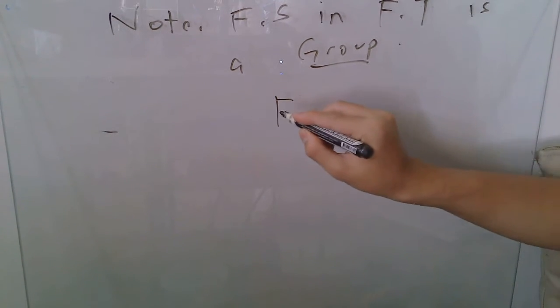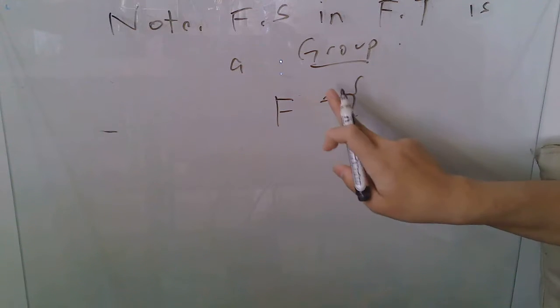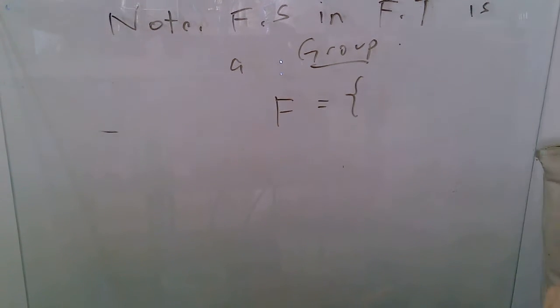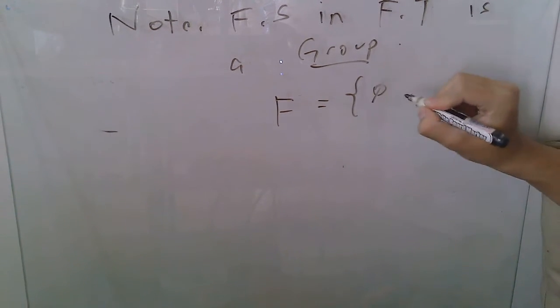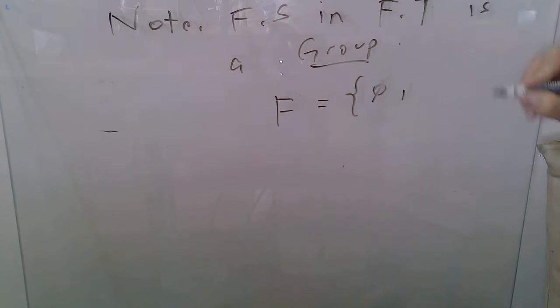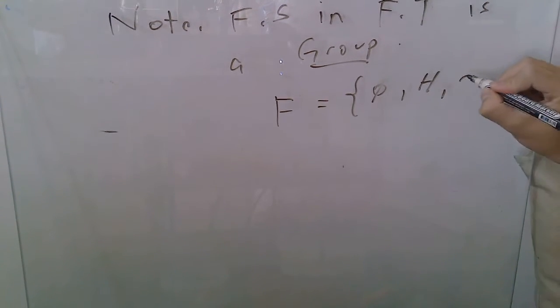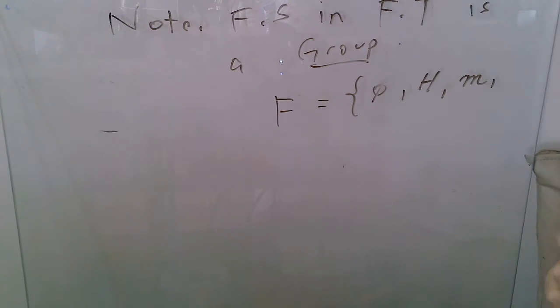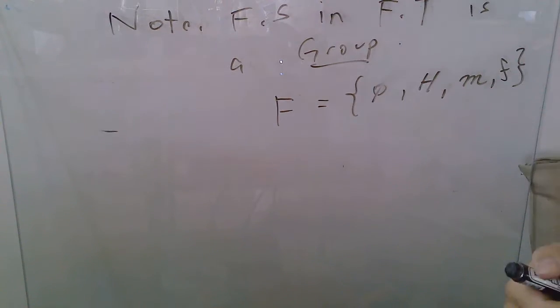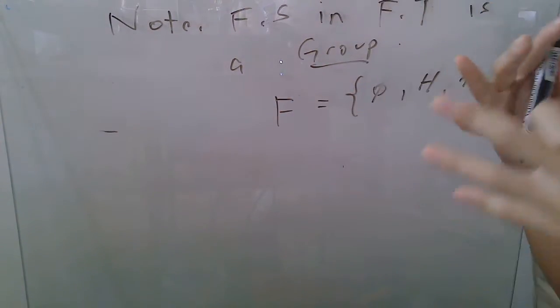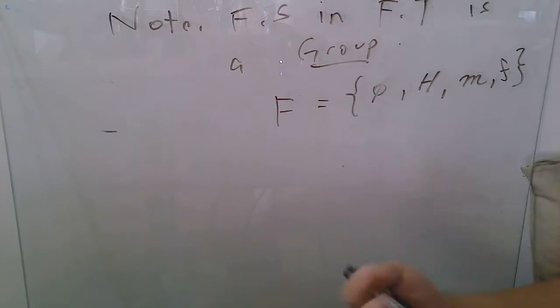This time we denote F to be a group composed of the actions, the null set, H, which is the homosexuality element, the male exclusivity element, and the femininity element. These are the main things that compose a femboy set or structure.